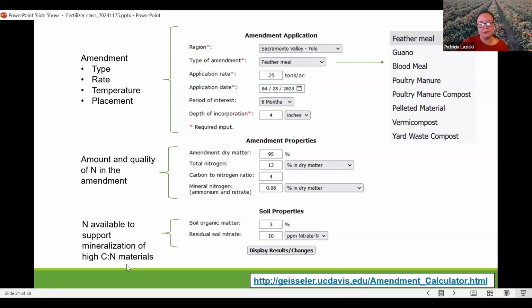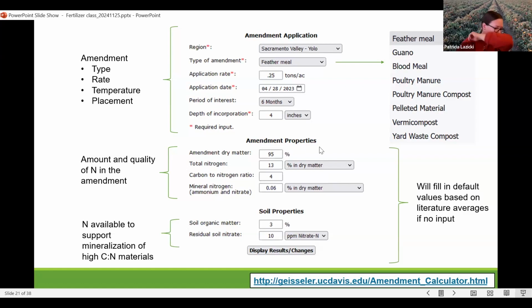And then for high C to N ratio materials like composts, as Margaret mentioned, in order to break down, they may actually need to use some of the available nitrogen that's already in the soil. And so there's a space where you can enter in values that will help it calculate that. You'll notice the red stars are required input. For all the rest of it, it will fill in a default value if you don't have those or if they don't really matter.